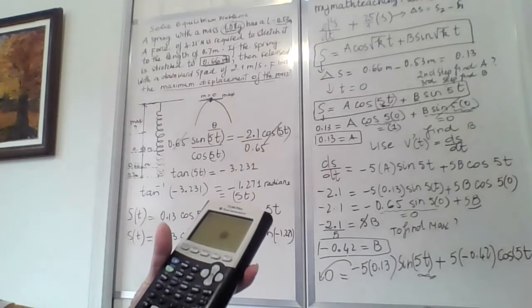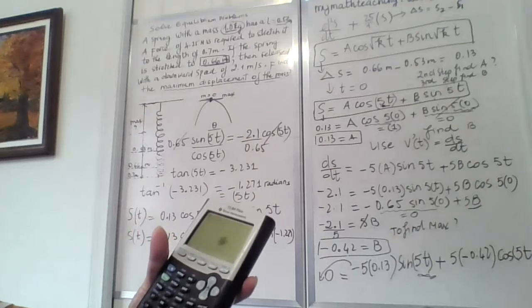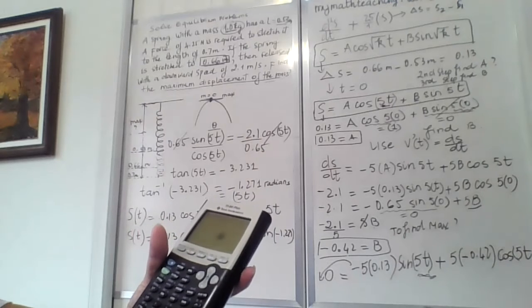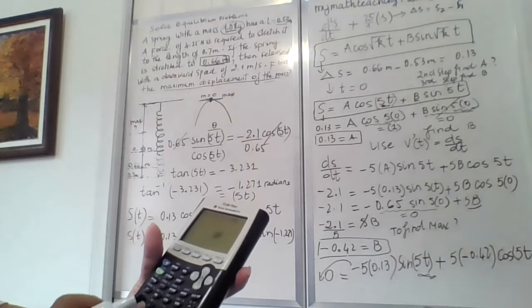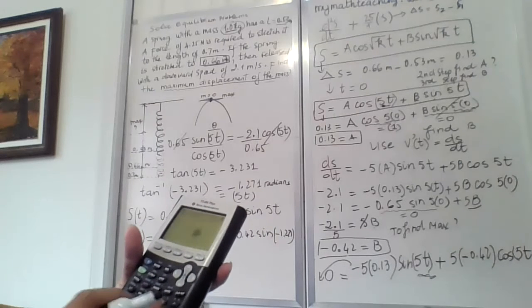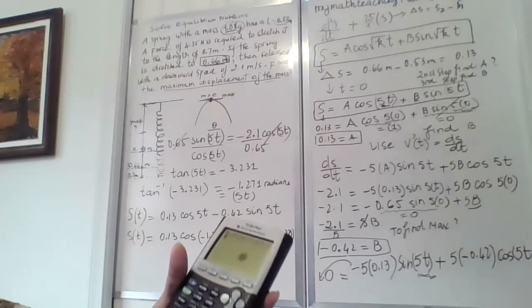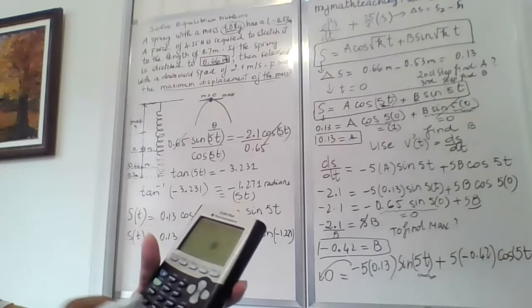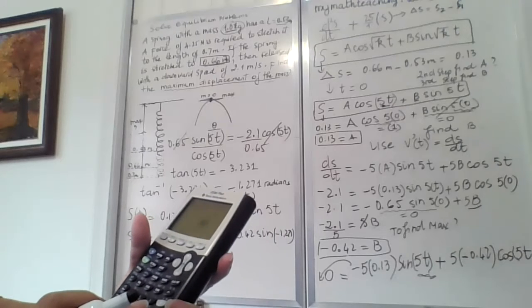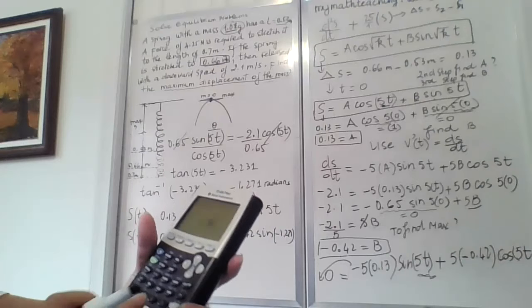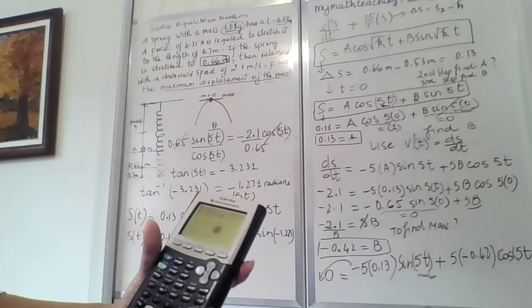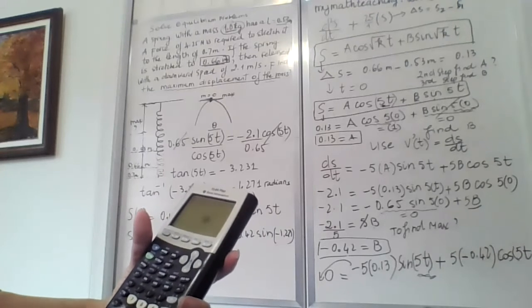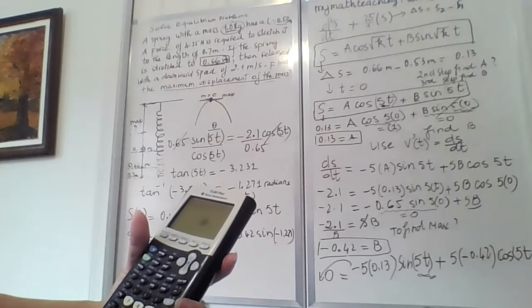I have 0.13 times cos of minus 1.271, minus 0.42 times, with bracket, sine of minus 1.271.